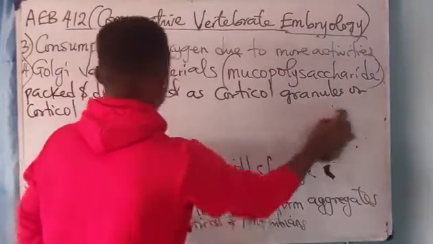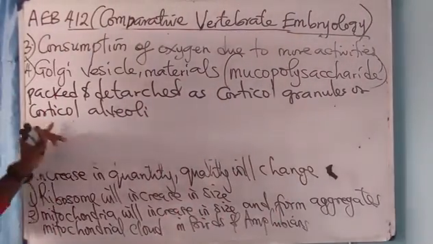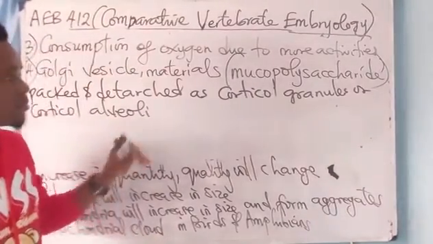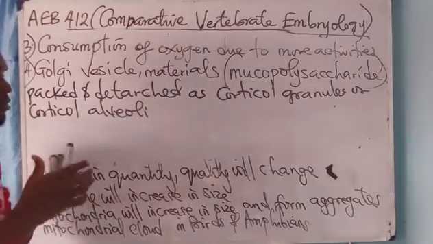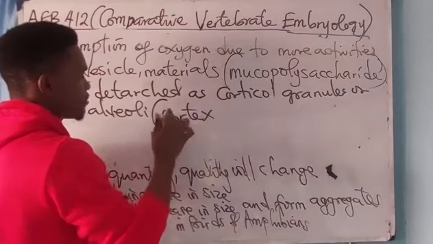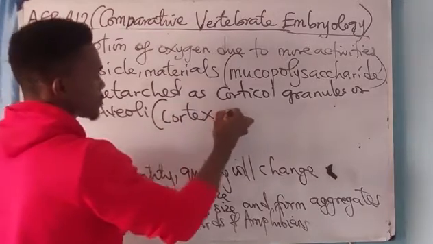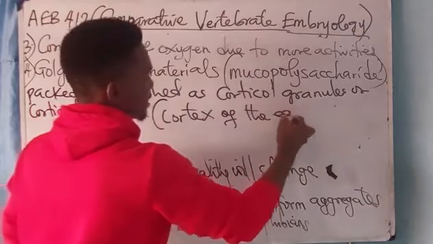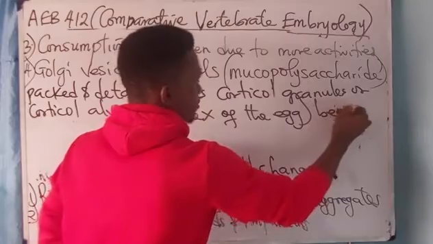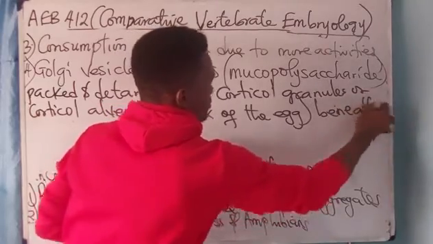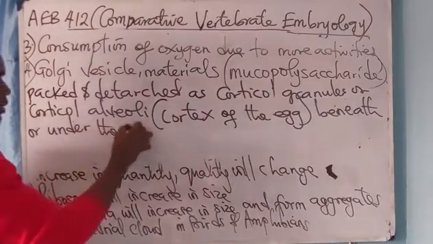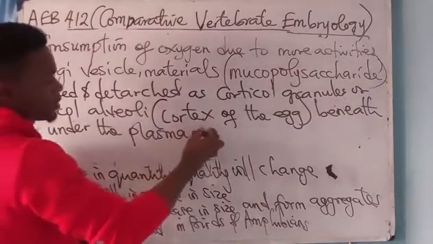At first, when produced, they are distributed throughout the cytoplasm, but as time goes on, they are found restricted in the cortex of the egg, beneath the plasma membrane.